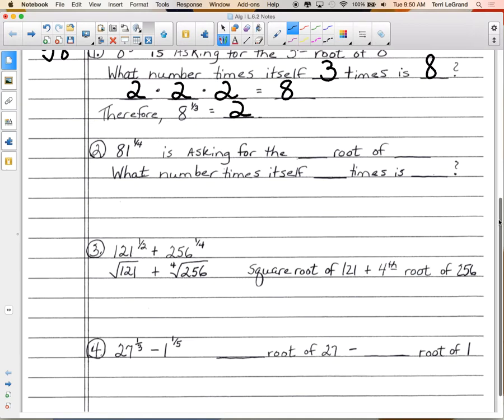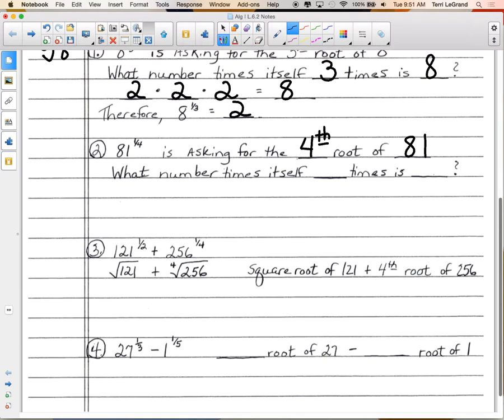Well then, what's 81 to the 1/4 power asking us for? Which root? The 4th root. It's asking us for the 4th root of 81. So in other words, our n is what? 4. And our b is 81.